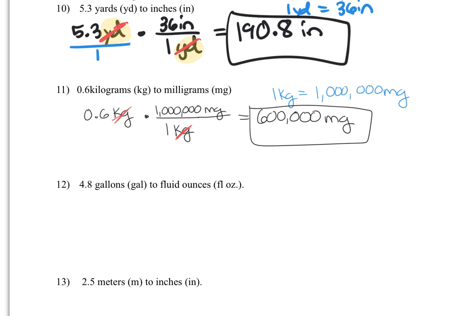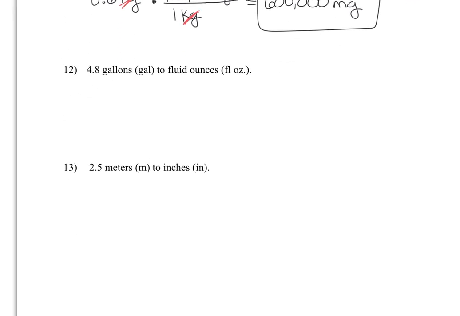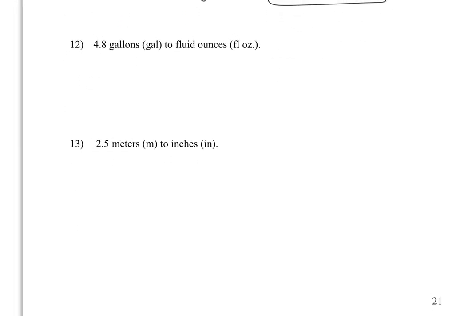Sometimes you're not going to have just one conversion rate that you need. That's okay too. We're going to do 12 and 13 have more than one conversion rate, but it still gets us to where we need to go in the end. So I have 4.8 gallons, abbreviated GAL, to fluid ounces, abbreviated FL OZ.